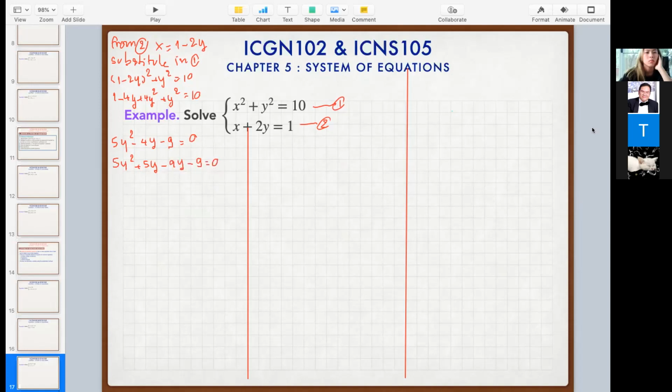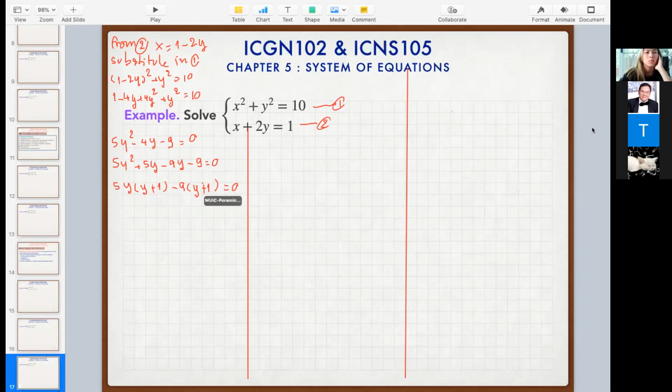Then I split them to be 5y times (y plus 1) minus 9 times (y plus 1) equals 0.